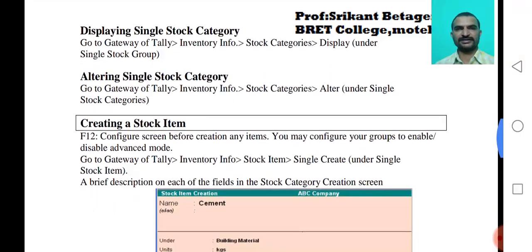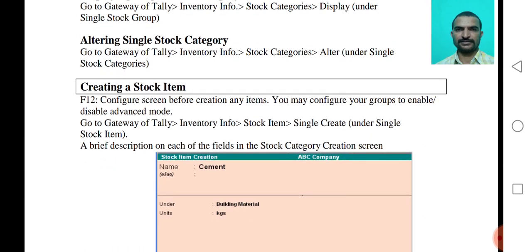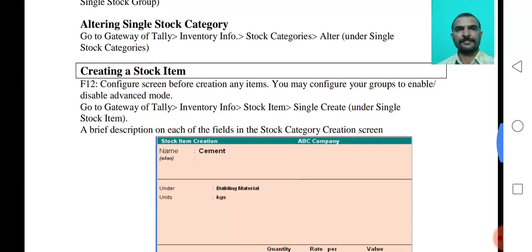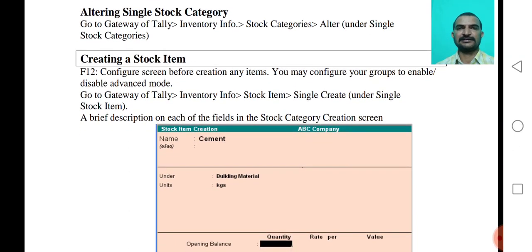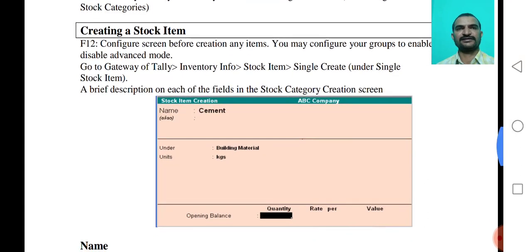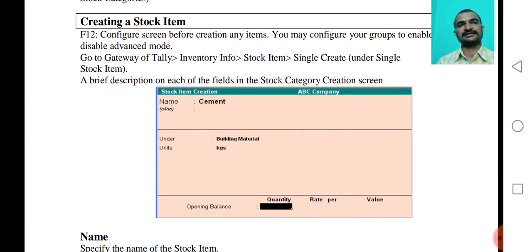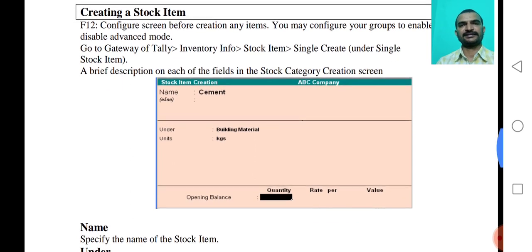So to create a stock item, configure the F11 to display the stock item creation screen. Here also go to the Gateway of Tally, inventory info, stock item, single, create.